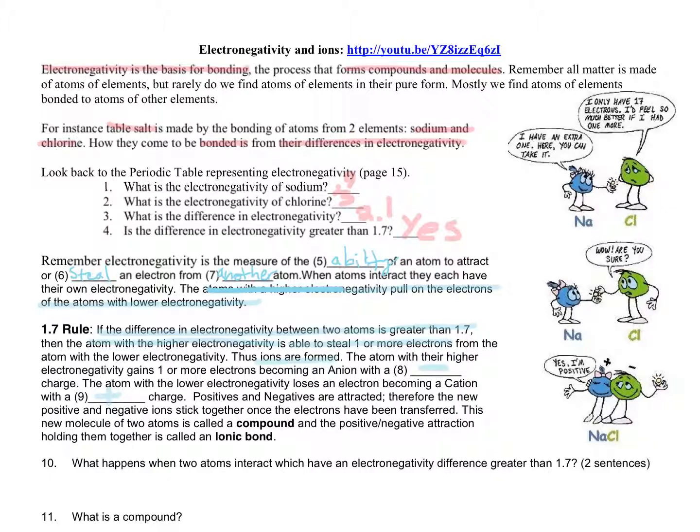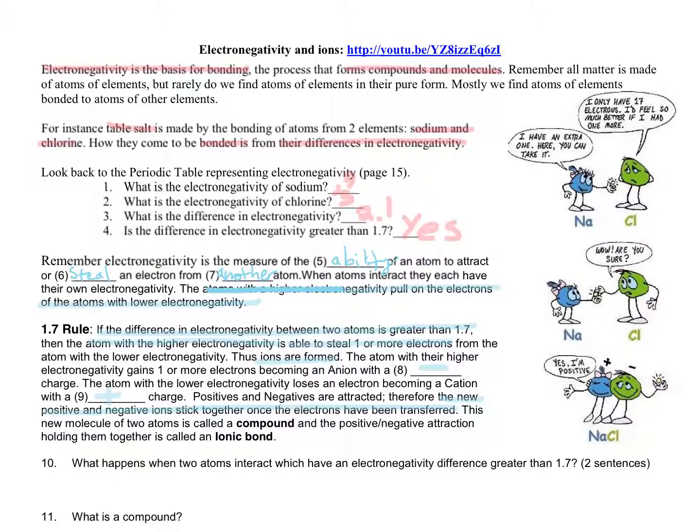Positives and negatives are attracted. We know that. Therefore, the new positive and negative ions stick together once the electrons have been transferred. So it's the electronegativity that creates the transfer of electrons.